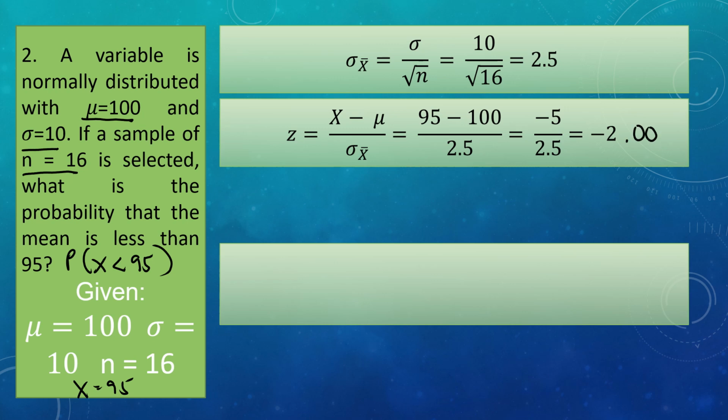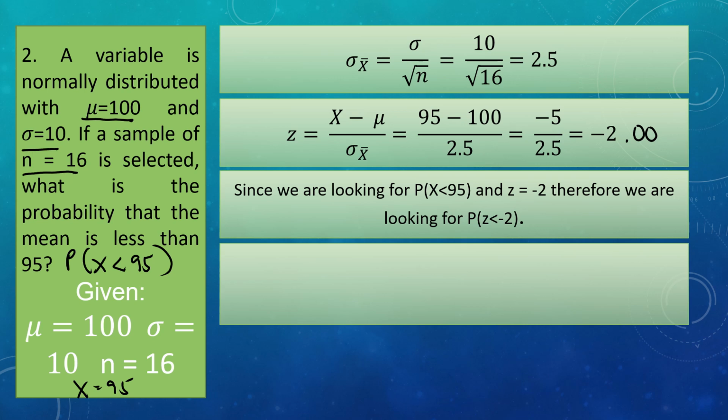Now, for the third step, since we are looking for P of x bar less than 95 and Z equals negative 2, we are looking for P of Z less than negative 2. Now, the first thing that we will do in our fourth step is to find the area that corresponds to Z equals negative 2.00.